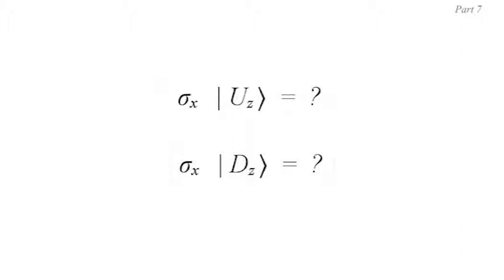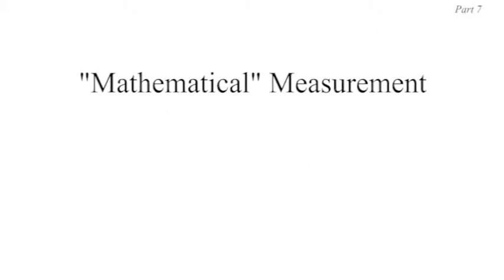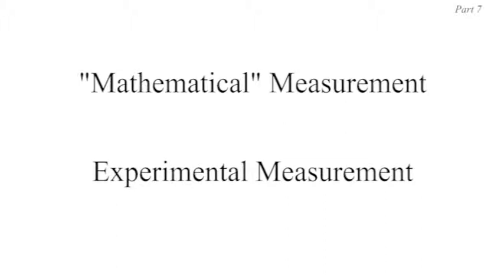Let's work through the basics of what happens when you try mathematically to measure the component of a spin at right angles to it. Before we do, you should note that this is the point where, more than ever, mathematical measurement, if I can call it that, departs from experimental measurement and will give us some strange answers.